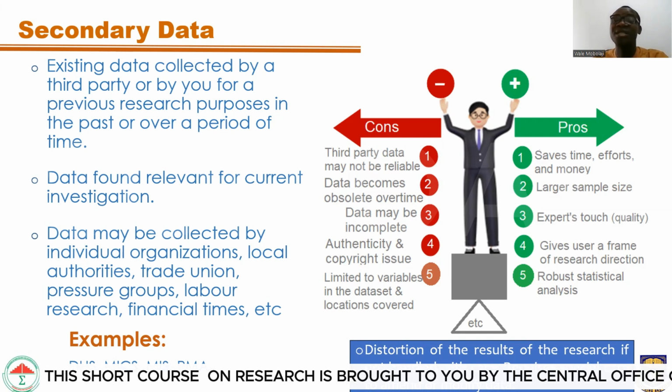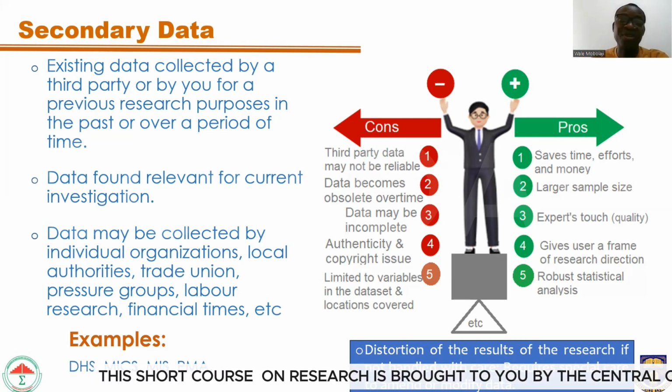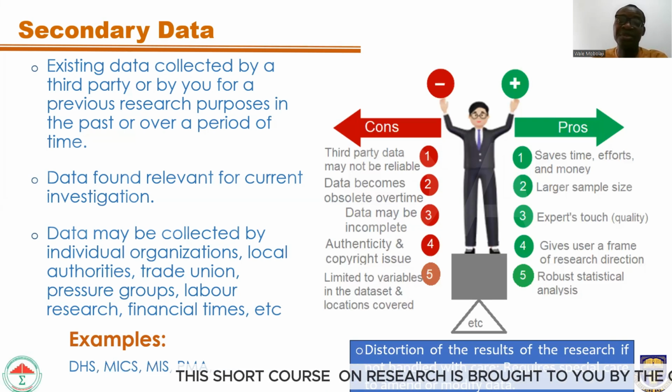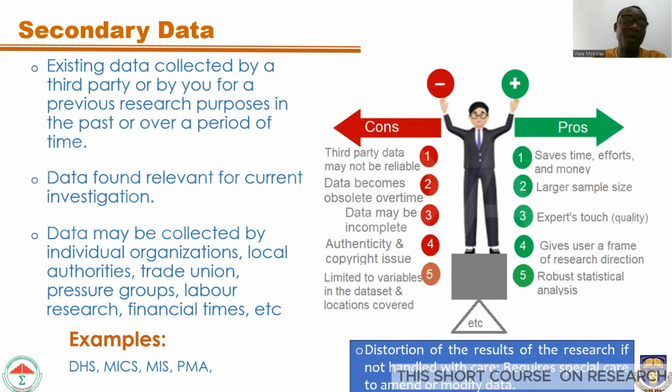And there are good examples of such data. The Demographic and Health Survey is one example of secondary data that has been found very useful. Multiple Indicator Cluster Survey is another one. Malaria Indicator Survey is another one. PMA and many other secondary data. There are some, maybe from the World Bank database.